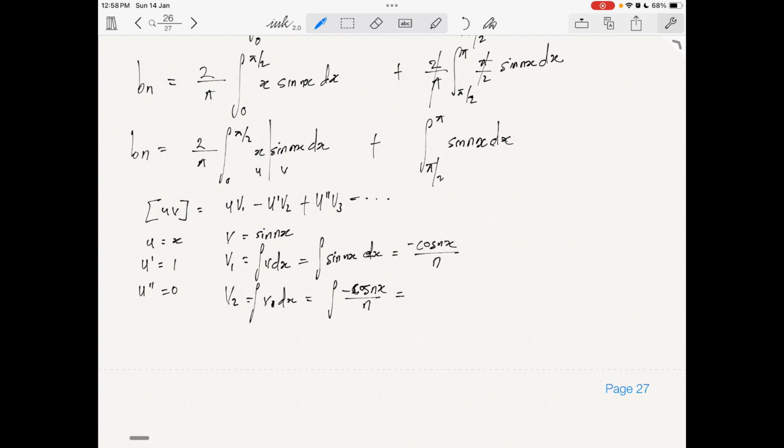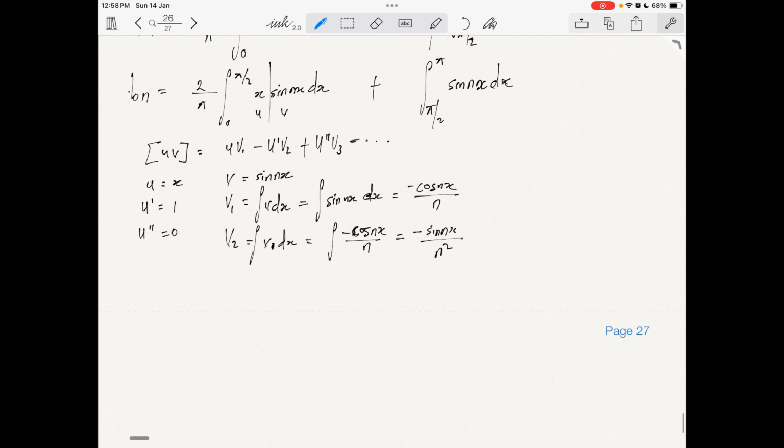This will give us minus sine nx over n squared.